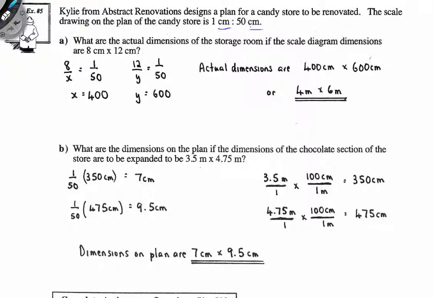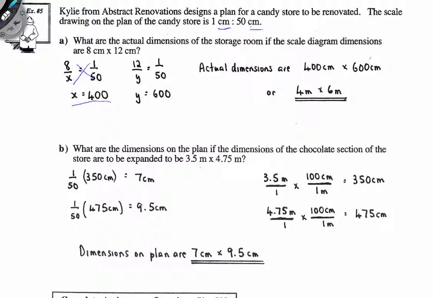So 8 is to x as 1 is to 50. This is a scale. 1 to 50 equals 8 to the unknown value x. We can crisscross again and say that 8 times 50 equals 1 times x. 8 50s are 400. What about the 12? You can do that in various ways, of course.